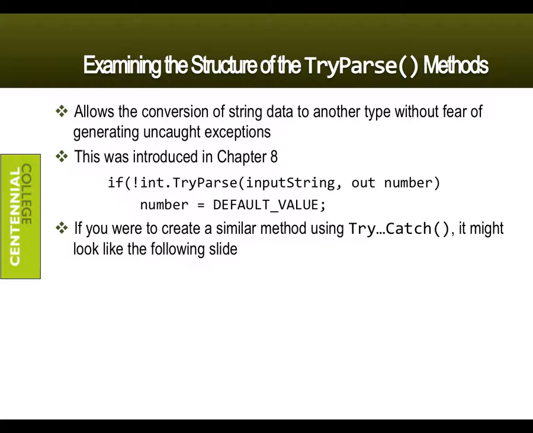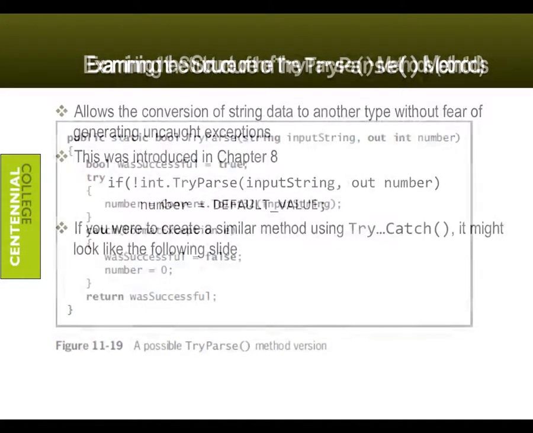We take our input string and try to put it out to a number. If it's true, then the number is equal to this default value. If it's false, we can't parse it; it's an incorrect value, and we can send people back to ask for the input again. It's almost like a quick try-catch statement, almost for input validation only.